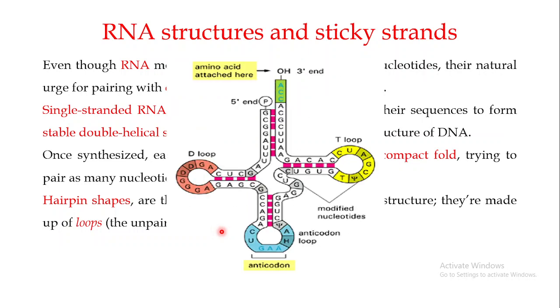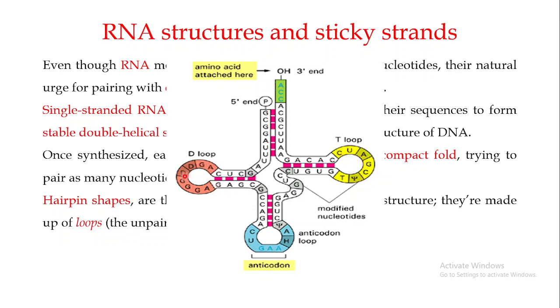For example, this one is the structure of a transfer RNA, and I hope you know the functions of the transfer RNA, that it is one of the important components in the process of translation, thereby helping in the synthesis of proteins in the cells. If you look at the structure of the transfer RNA, as you can see over here, this is one loop. These nucleotides are not pairing with each other.